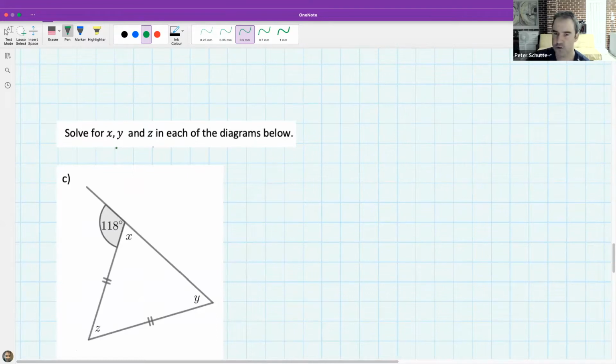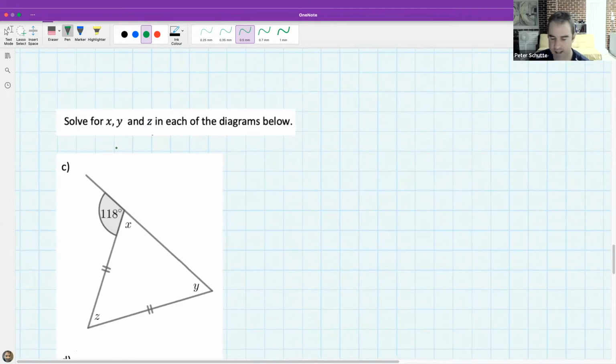So I want you to try and find the unknown angles x, y, and z using your knowledge of triangles from grade 9 and 10. And this looks to me like an acute angle triangle. There's no right angle in play, but I think you should be able to get most of these. So let's give it a go.